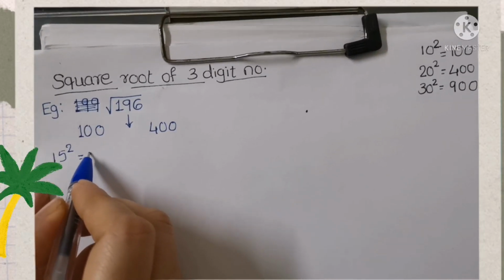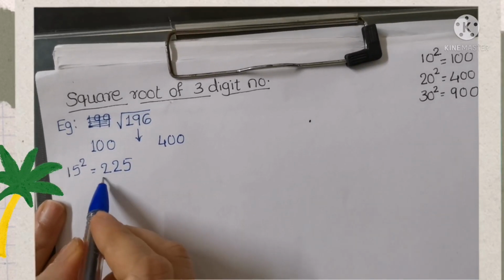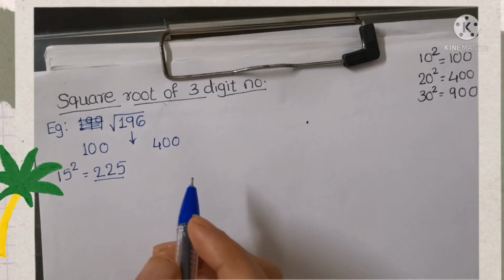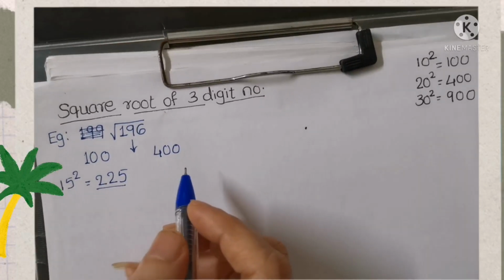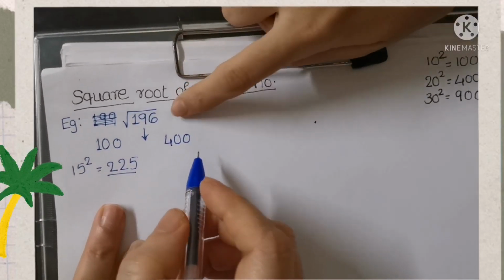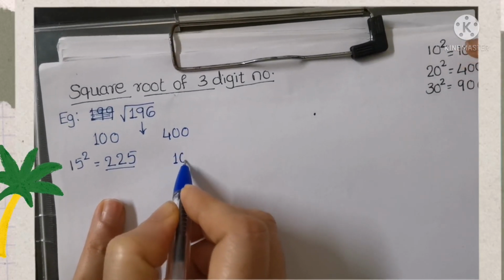So 196 lies between 100 and 400. Where do 100 and 400 come from? 100 is 10 square, 400 is 20 square. So the range of 196 is between 100 and 400. The first step is to find the range. Now between 10 and 20 we have 15. So let's find the square of 15.